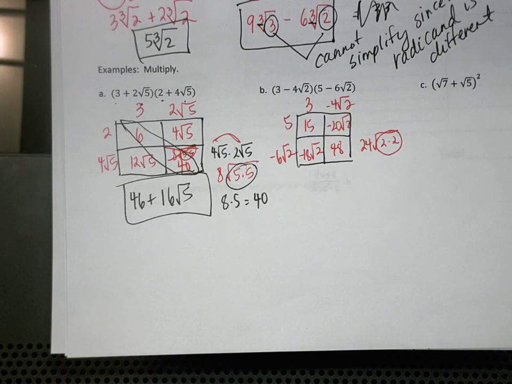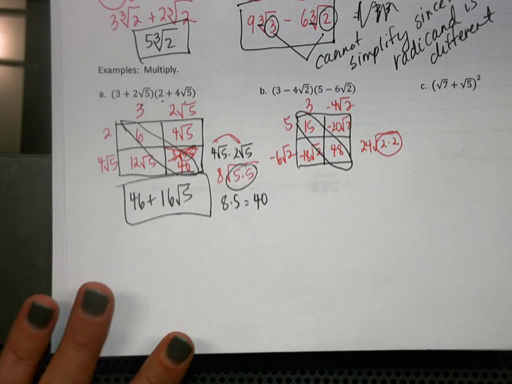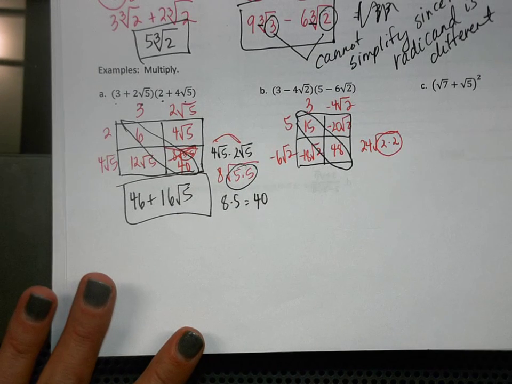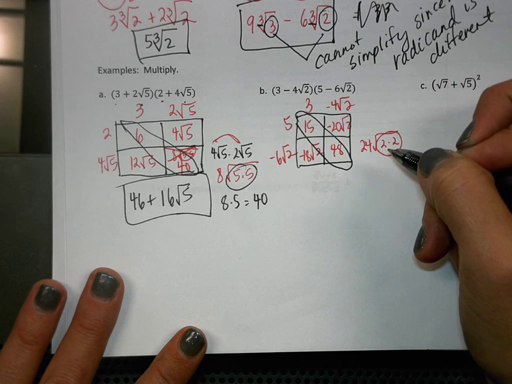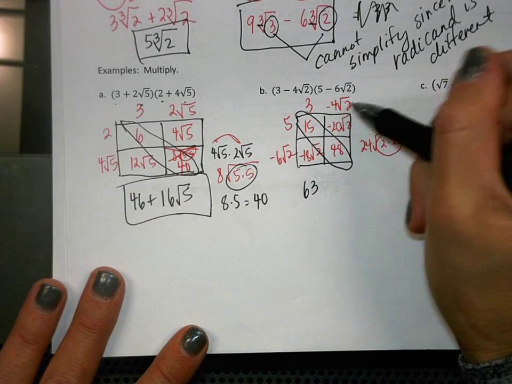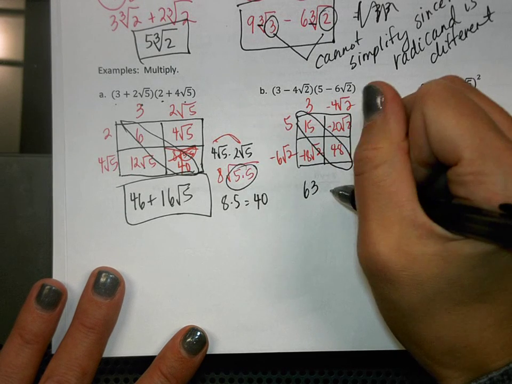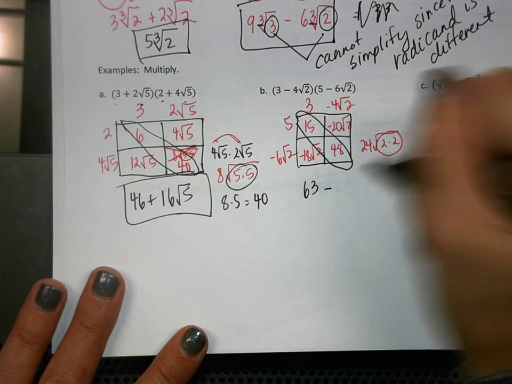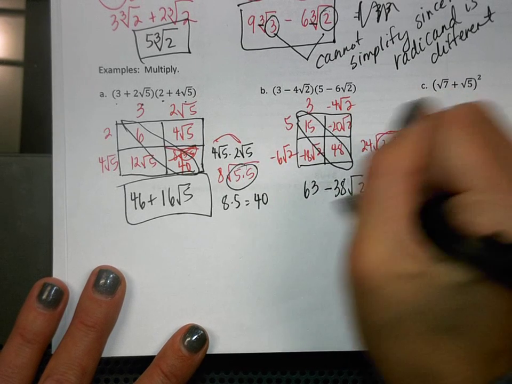Okay? And so we have our whole numbers here, 15 and 48, which adds to be 63. And then we have our negative 18 root 2 and our negative 20 root 2, which will make negative 38 root 2. And that's my answer.